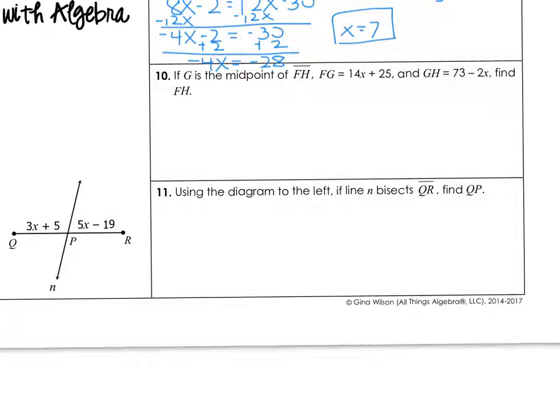The next one, I have segment FH. G is the midpoint. So that means these two segments are congruent. So their measures are equal. So FG is 14x plus 25 must equal GH. So I'm going to add 2x to both sides.